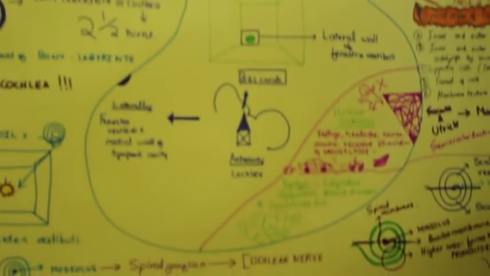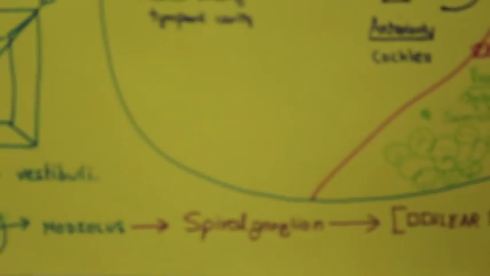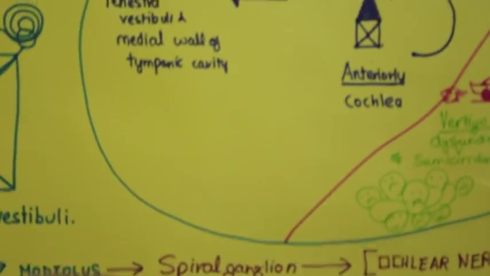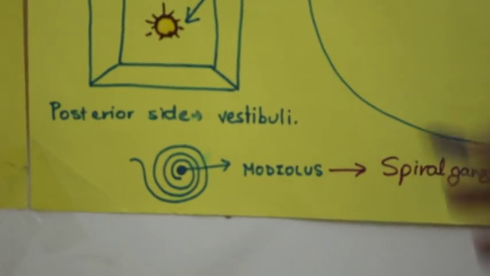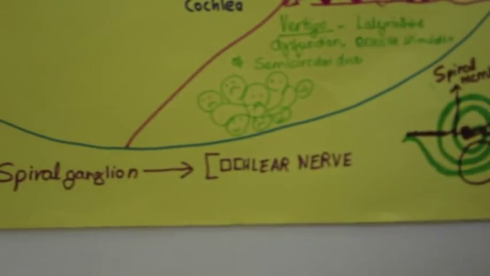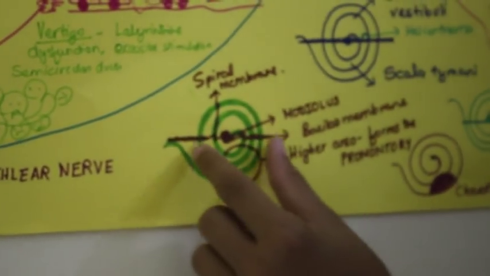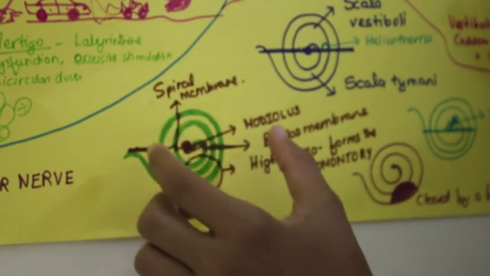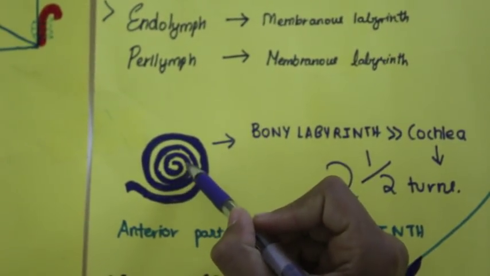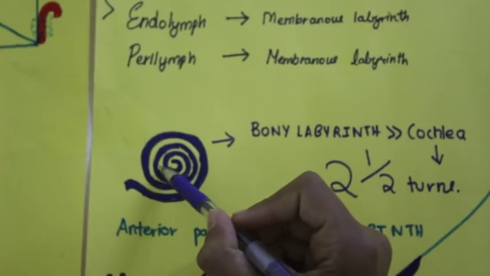So we know about the vestibulocochlear nerve, which is the 8th cranial nerve. This is transmitted by the modulus, which contains the spiral ganglion. And over here we have the spiral bridge. Basically it's a membrane like this. Then we have the modulus. The modulus has a spiral ganglion which transmits the cochlear nerve.